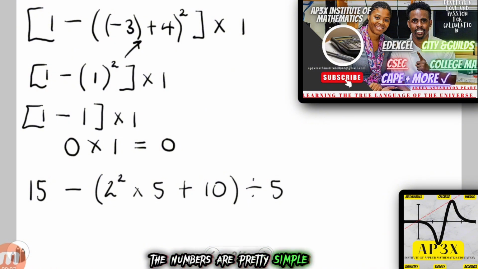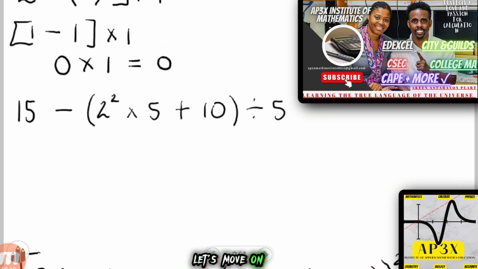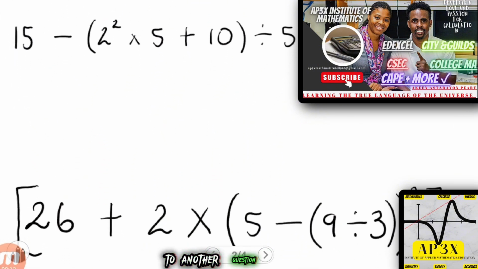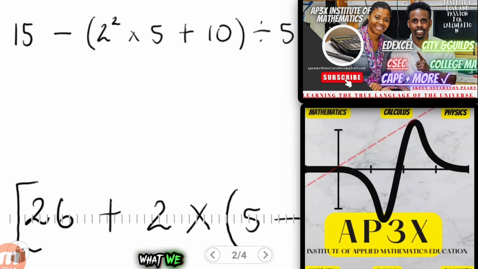The numbers are pretty simple. Let's move on to another question here. What we have now is 15 take away, open bracket, 2 squared multiplied by 5 plus 10 divided by 5. So what are the operations that we are dealing with?